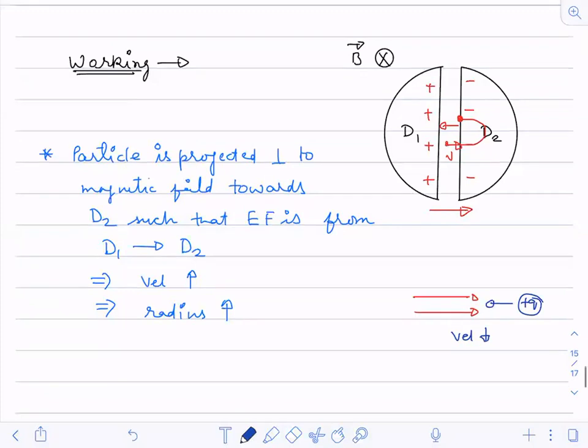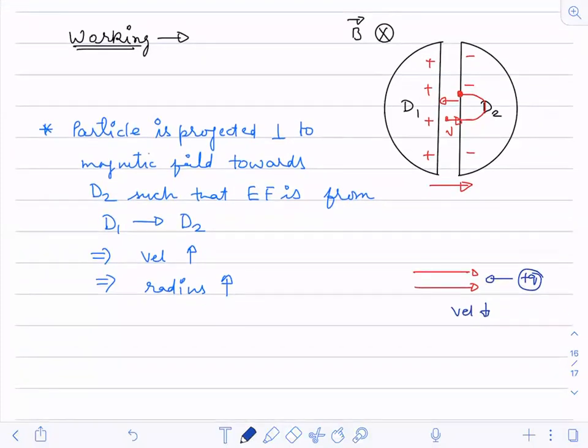So what we are going to do now is change the electric field orientation again. The polarity must be changed. So the electric field becomes like this, and the particle which was coming like this again finds that this is the direction of the electric field, so it will move.